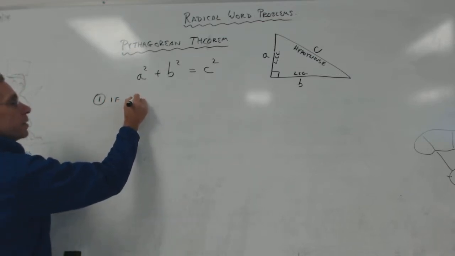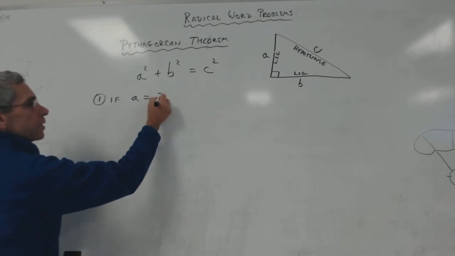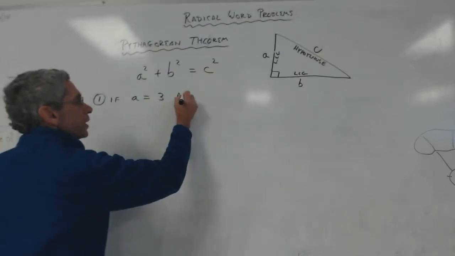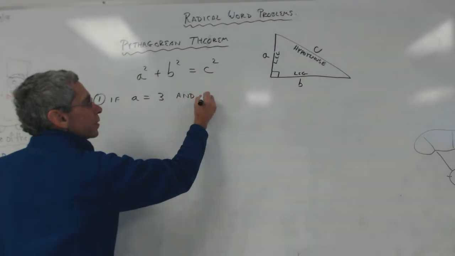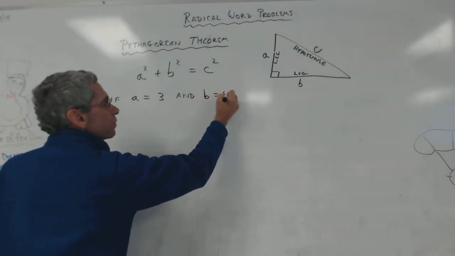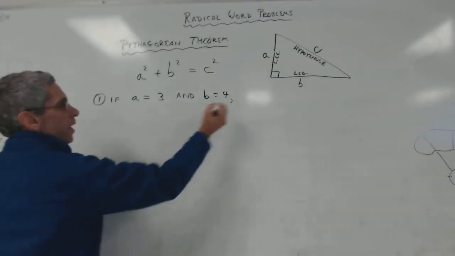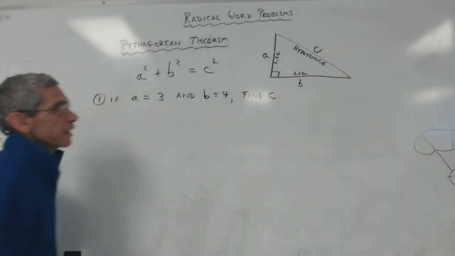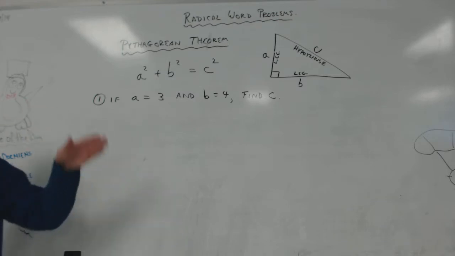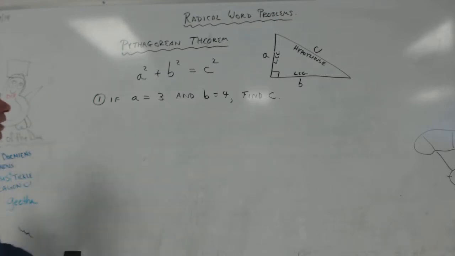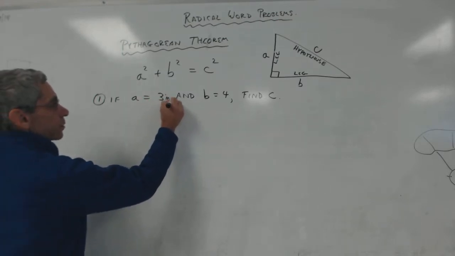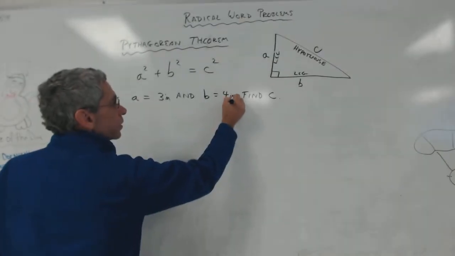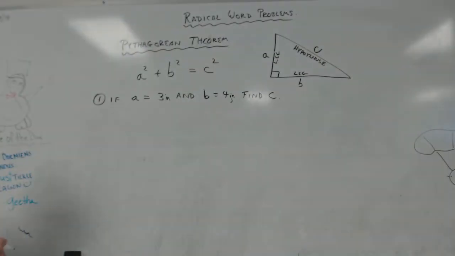If a equals 3 and b equals 4, find c. Finding c means I'm looking for the length of the hypotenuse, right? And let's say inches, so that we're dealing with real things here. Inches. And I want to find c now.